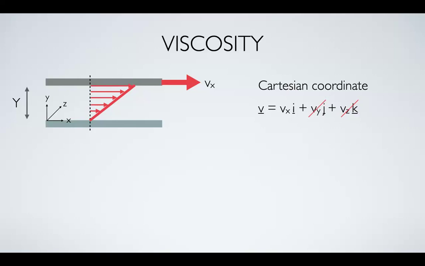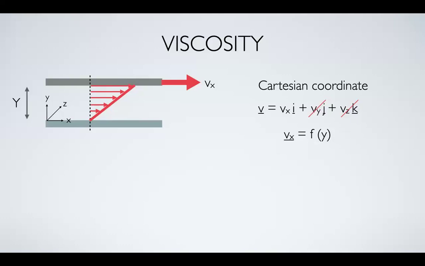So when you distribute in three directions right here, you're not going to have Vy or Vz, okay? So at the end, you will have Vx is a function of y only, all right? So like I said earlier, when we incorporate the coordinate system, normally we don't have all of the vectors in all directions, like Vx, Vy, Vz.